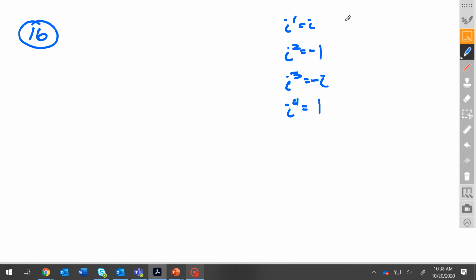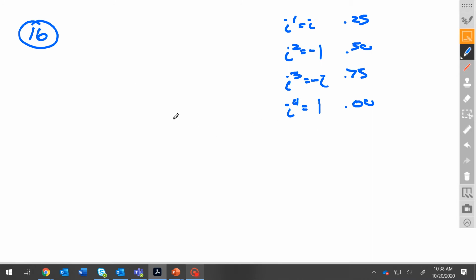Alright, the next section has to do with the cycles of i. So the cycles of i to the first power is just i, to the second power is negative 1, i to the third power is negative i, to the fourth power is 1, and then they repeat themselves. This would be a remainder of 1, remainder of 2, remainder of 3, and then divisible by 4, remainder of 0.